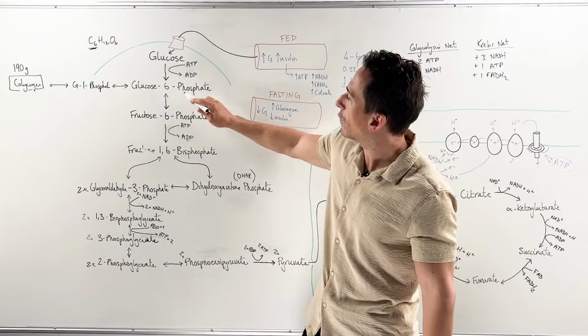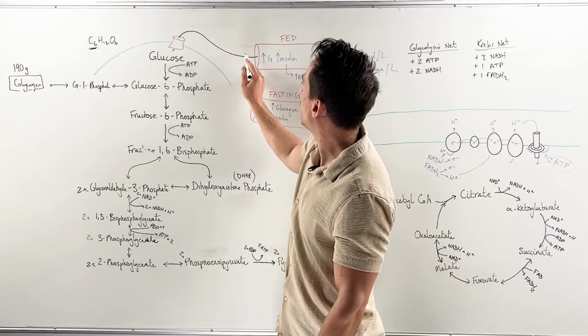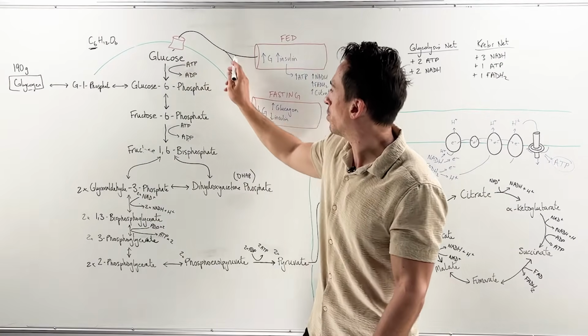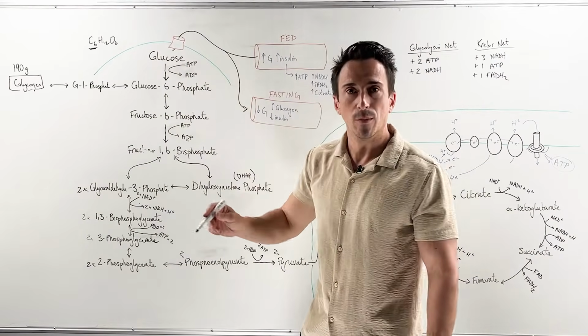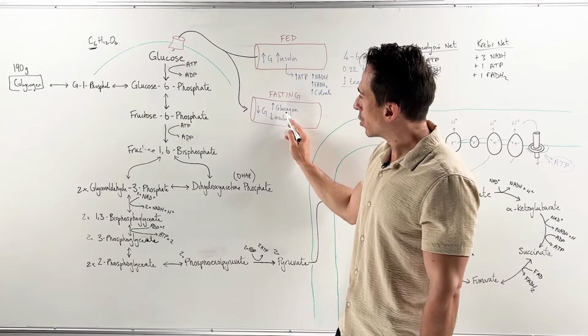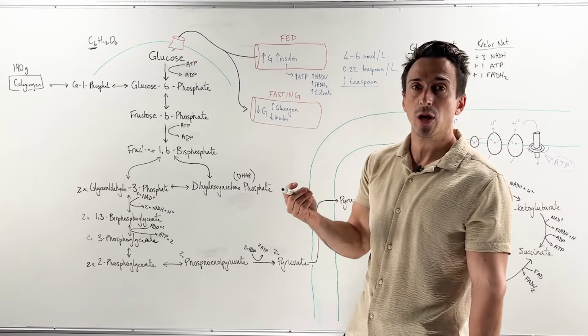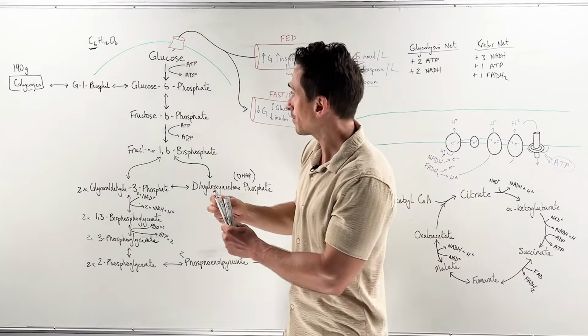But the problem is going from glucose 6-phosphate to glucose, in order for that glucose to be able to leave the cell and enter the bloodstream to increase it, it can't. That's irreversible. But here's the great thing. Glucagon, when it goes up, stimulates the transcription and translation of enzymes here that allow for this reverse to happen.